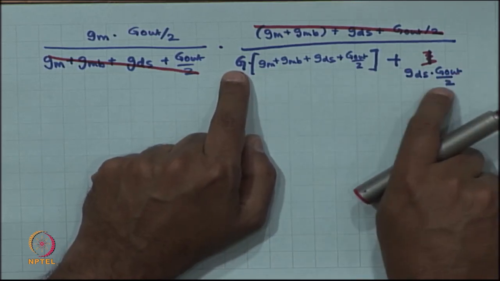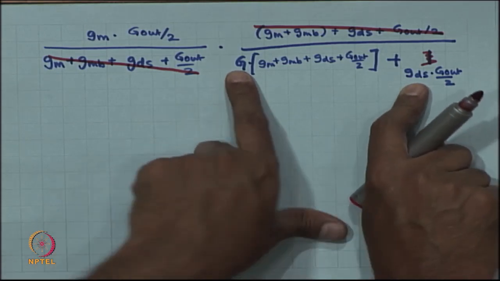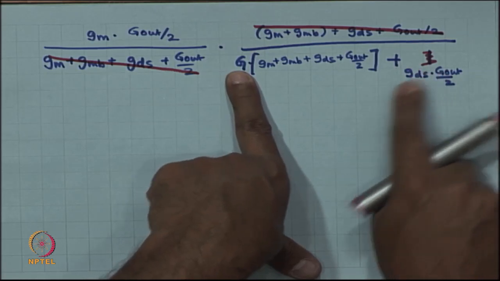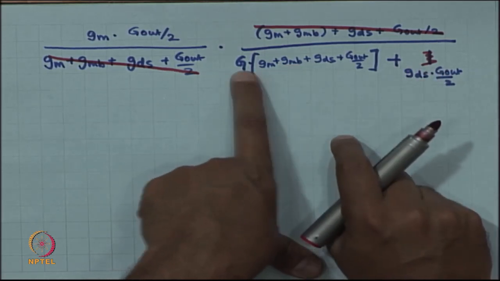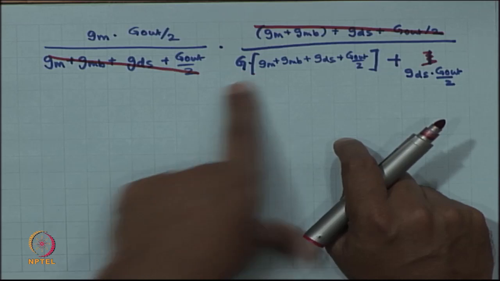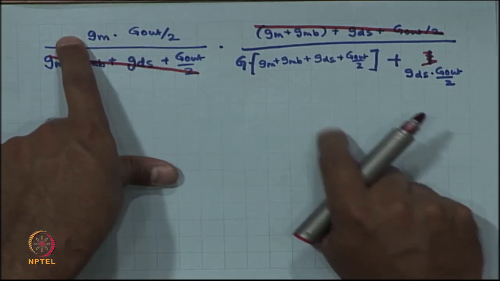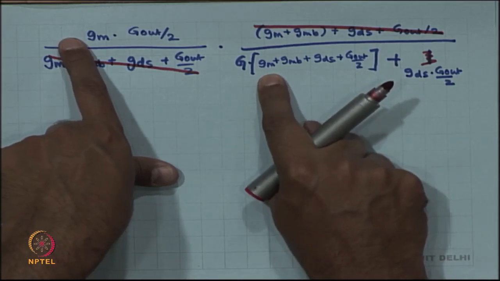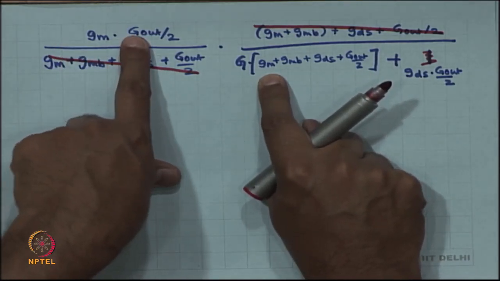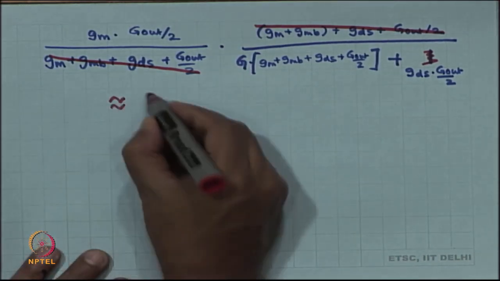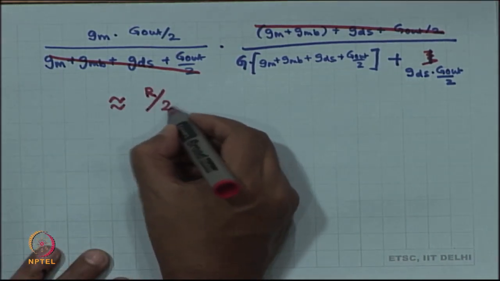G out by 2 is small, Gm is large compared to GDS and G out by 2, so this is not relevant. So, all you get in the denominator is G times Gm. In the numerator you have got G out by 2 times Gm, the Gm cancels out and all you are left with is G out by 2 by G, or in other words R by 2 R out.